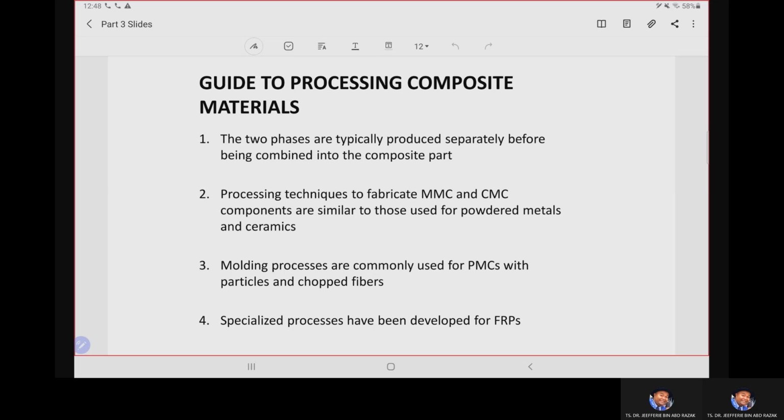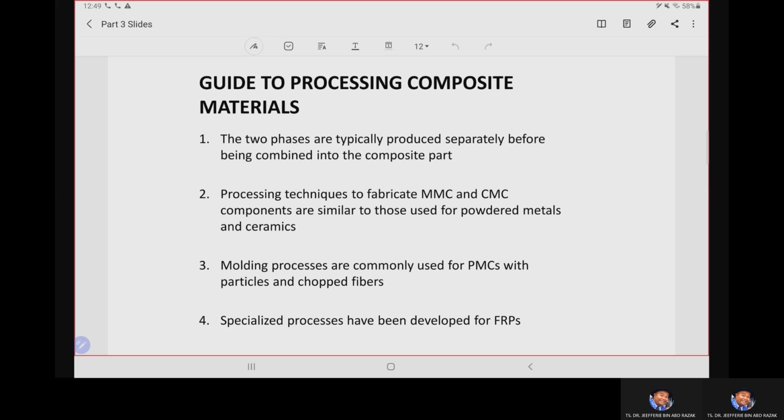Next, for CMC and MMC, due to the nature of matrix material, to produce MMC and CMC, we will employ the powder metallurgy technique, where we combine the dispersed phase with metal or ceramic, which is prepared beforehand in the form of powder.